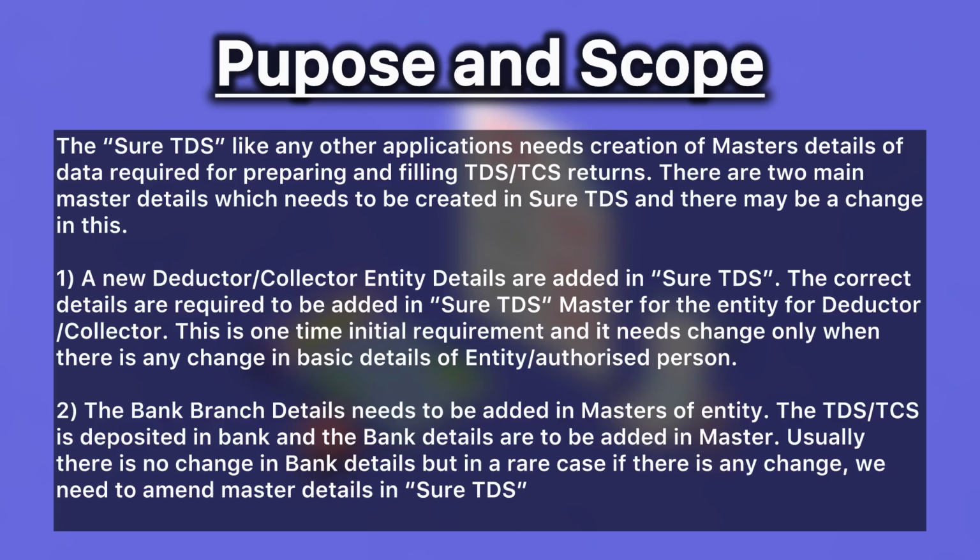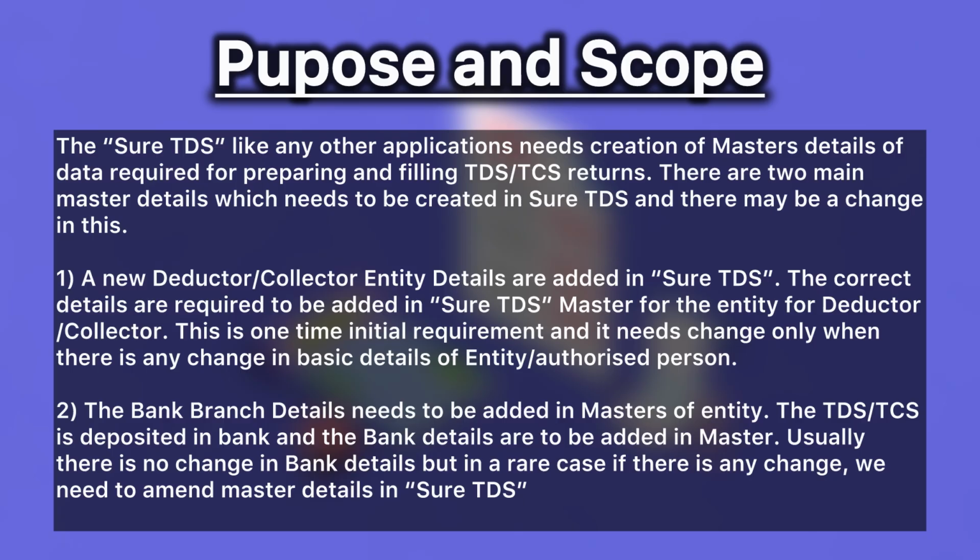Once it is added, it will be visible in the list of entities and does not require any further change unless there is a change in the basic details of the entity. Similarly, the bank details of the branch from where the challans are going to be deposited need to be added once only, and there is no need to do anything further unless there is a change in any details for the branch, which does not usually happen.